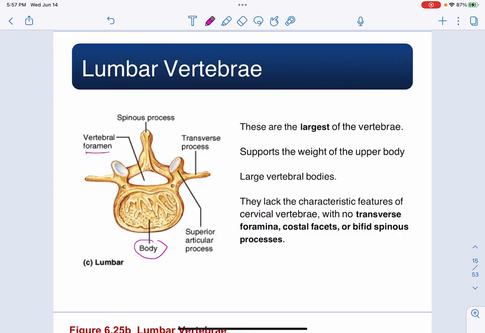They still have a transverse process or processes. They have the pedicles, the lamina, and the spinous process. But we have lost the transverse foramina, of course, because that was only in the cervical vertebrae. We lost the costal facets because we are no longer attaching ribs here. And we have lost the bifid process.